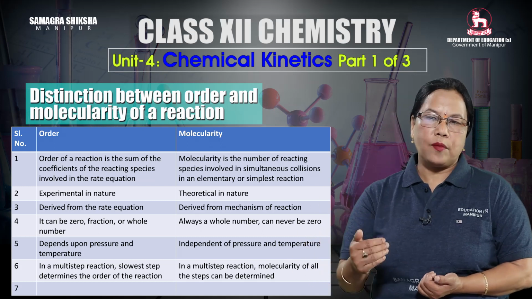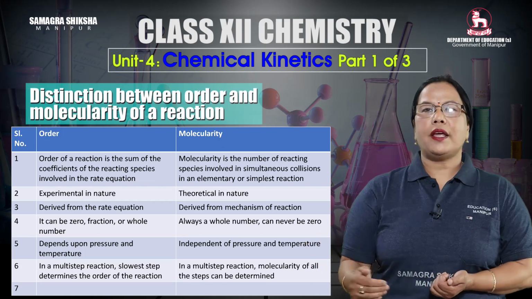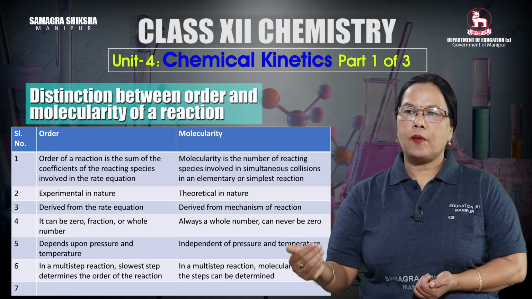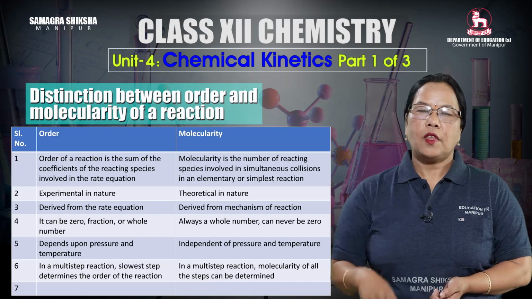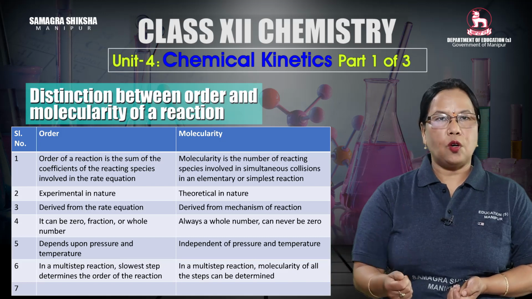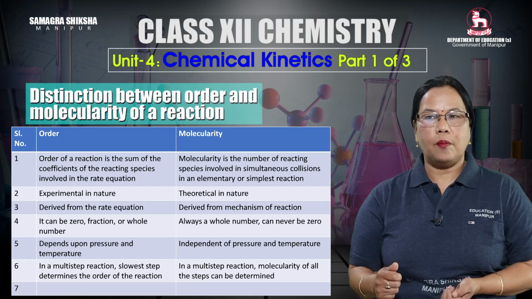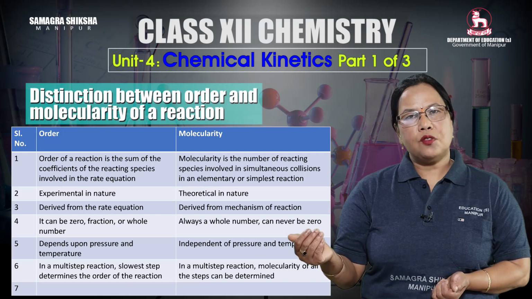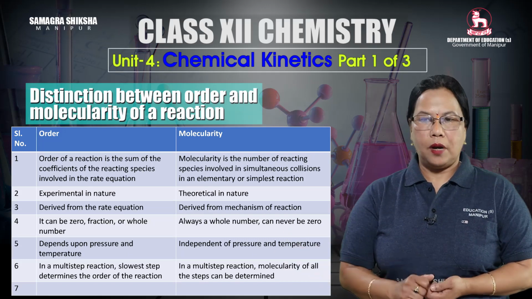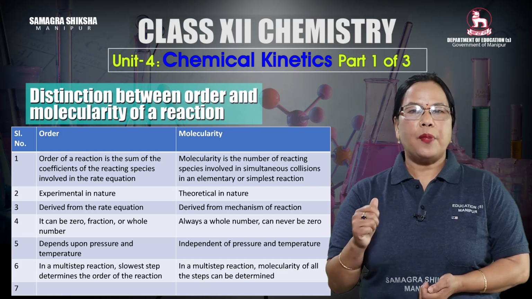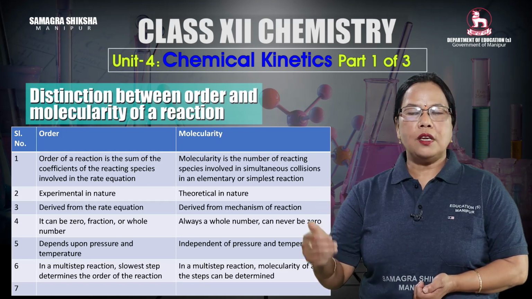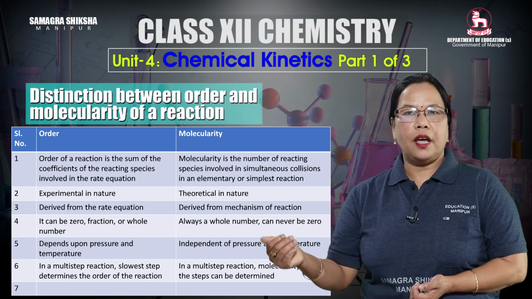Order is derived from the rate equation, whereas molecularity is derived from the mechanism or course of the reaction. Order can be zero, fraction or whole number, whereas molecularity should always be a whole number. Order depends upon pressure and temperature, whereas molecularity is independent of them.